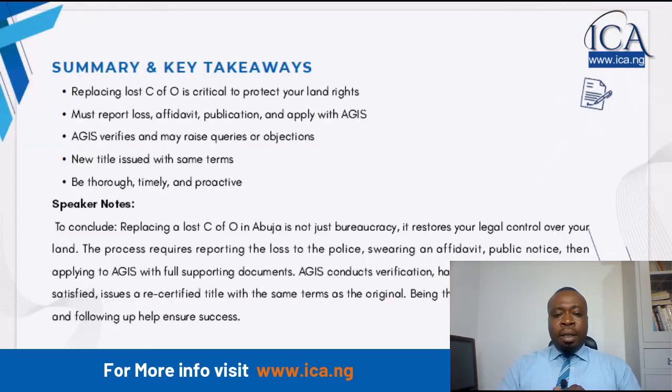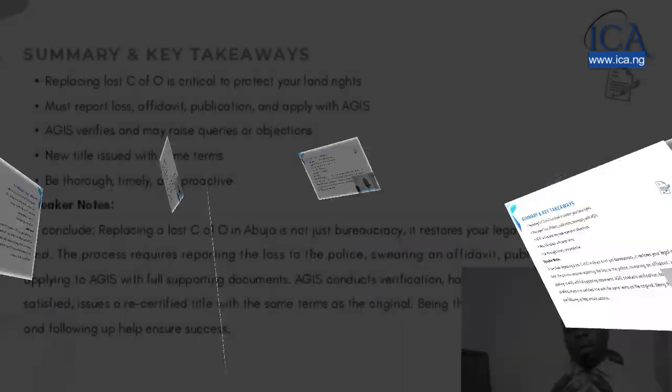So summarily, to conclude, replacing a lost C of O in Abuja is not just bureaucracy. It restores your legal control over your land. The process requires reporting the loss to the police, swearing an affidavit, public notice, then applying to AGIS with supporting documents.